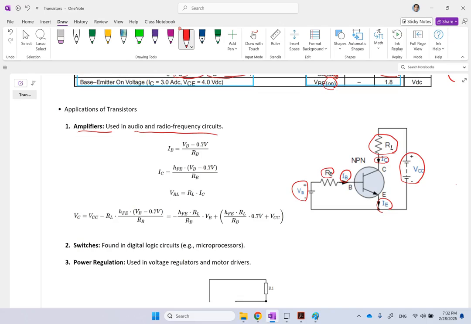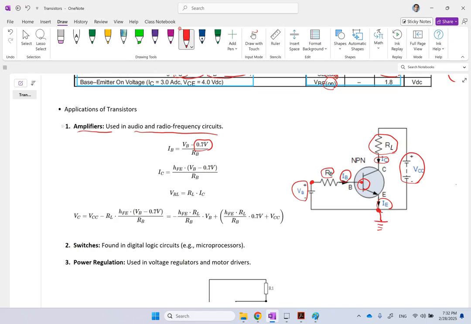Let's take a look. So IB, the current through the base, is equal to the voltage on this side, which is VB, minus the voltage on this side. Now the voltage of that point is VBE with respect to E, because remember this point is grounded. So the voltage of that point is considered 0.7 in this case. Remember in the past we said that's about 0.6, so 0.6 or 0.7 doesn't make much of a difference.